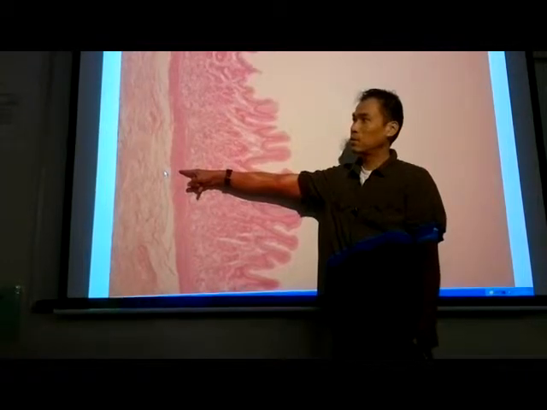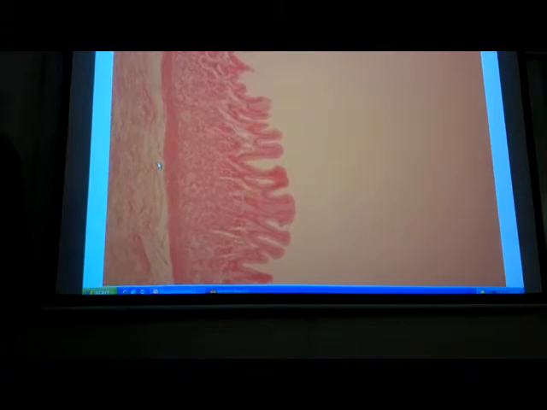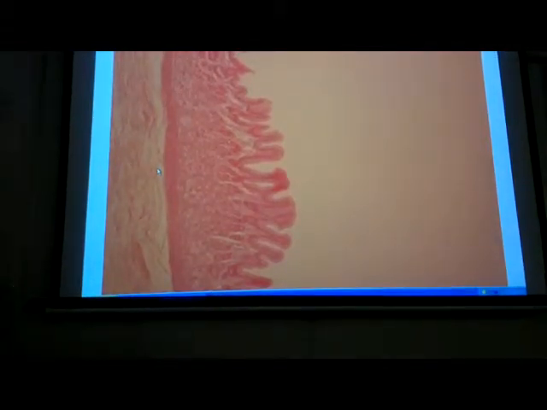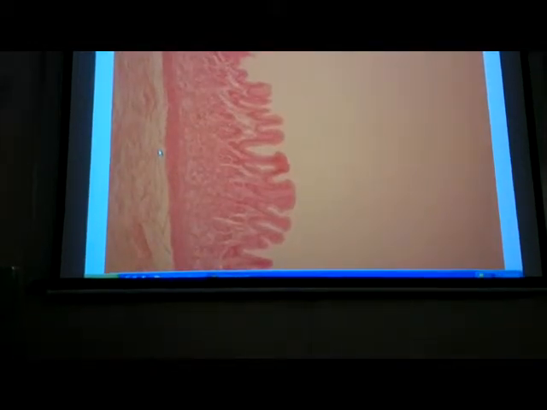Muscularis mucosa. So what is this? At some point, these have to come automatic. Muscularis mucosa, submucosa.